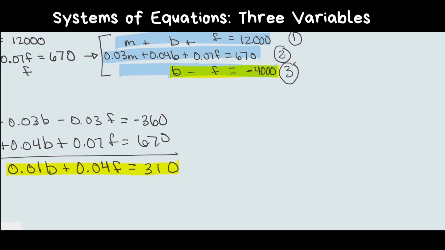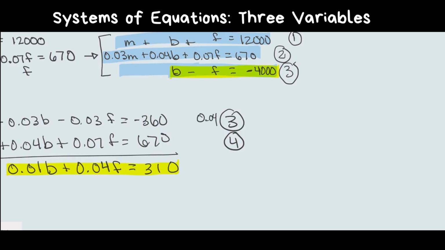And let's get rid of F. If we get rid of F, we're going to use equation 3 and equation 4. And if we're going to eliminate F, that means equation 3 needs to be multiplied by 0.04.